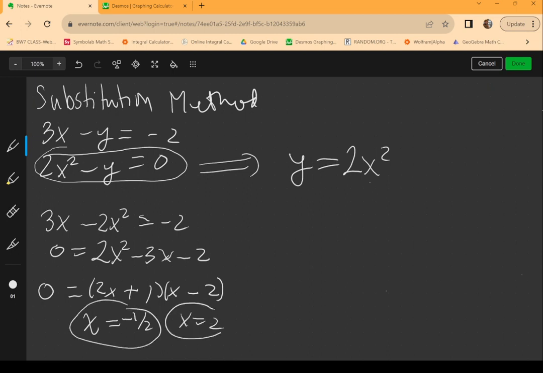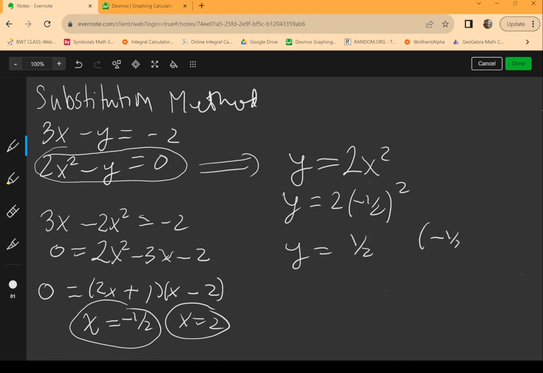Now these are not all of the solution, right? It's just our x coordinates. So when x is equal to negative 1/2, we can plug it into the y equals part. So y equals 2 times negative 1/2 squared, right? So this becomes y. 1/2 squared is 1/4, times 2 gives me 1/2.